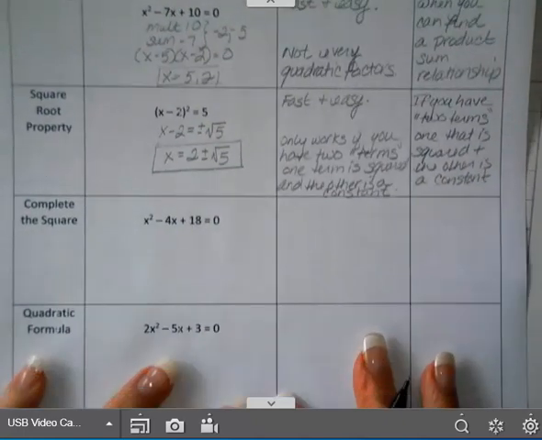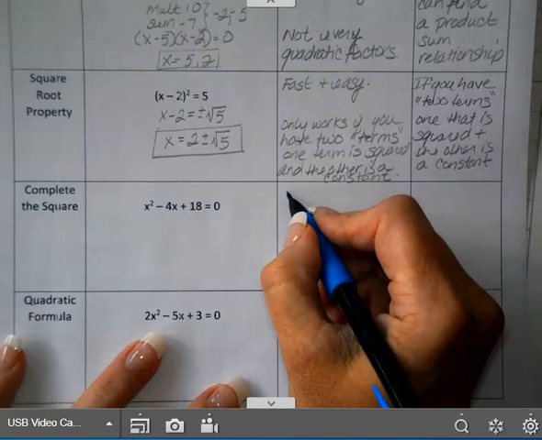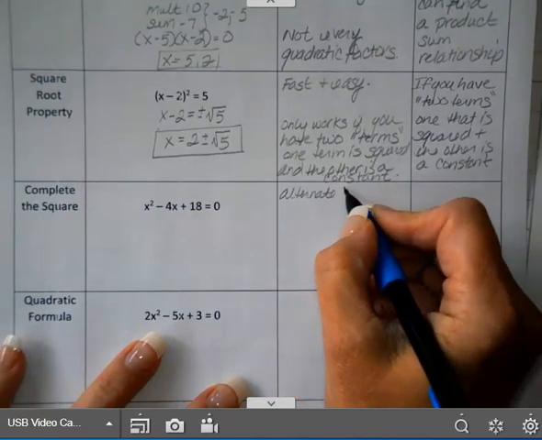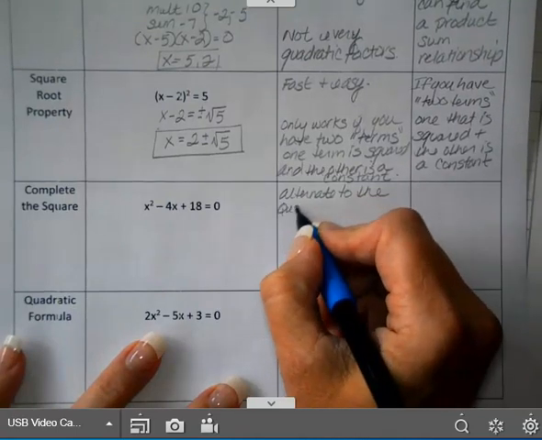Our next method we've covered is complete the square. And this is an alternate to the quadratic formula.